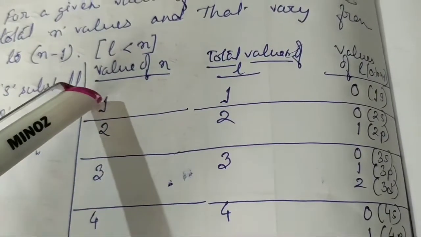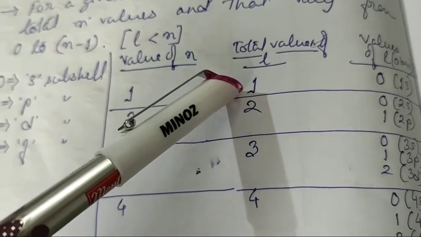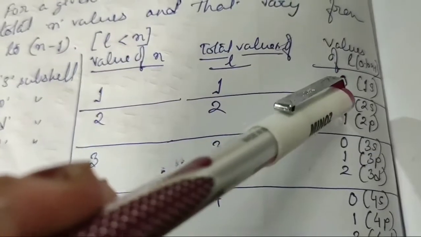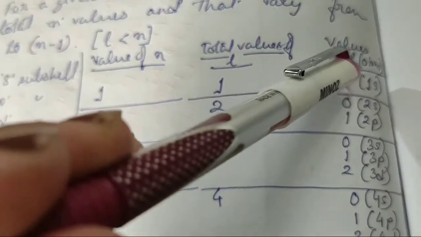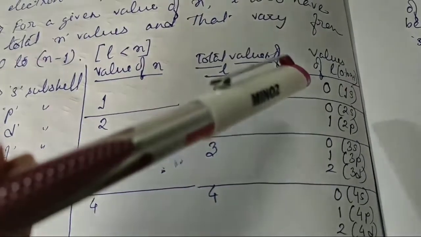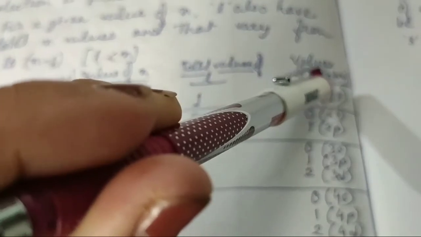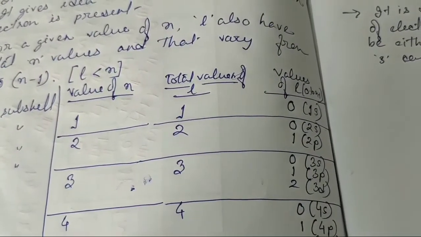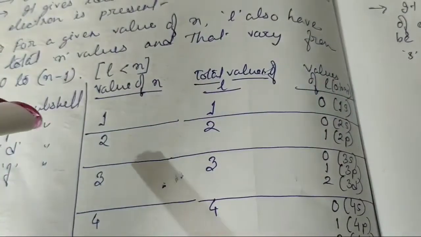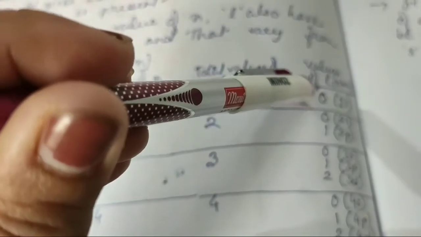So for n equal to 1, total values of l will be 1, and it will vary from 0 to n minus 1, so that means it will be only 0. So how can we name this subshell then? 1s. 1 is coming from the value of n, and s is coming from the value of 0.